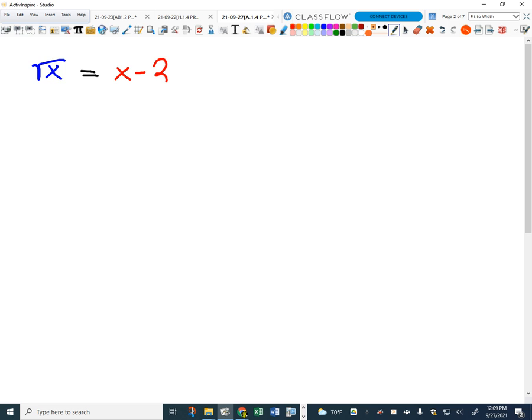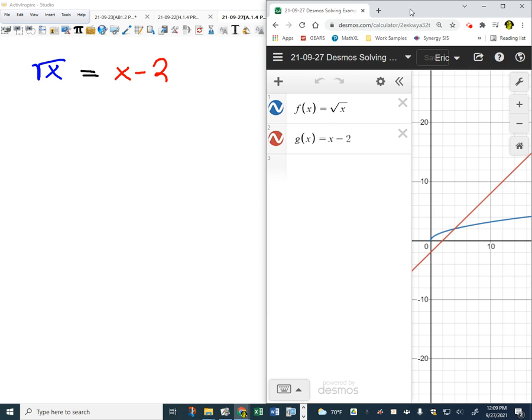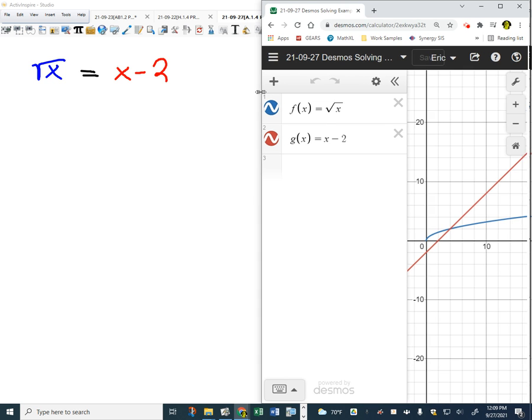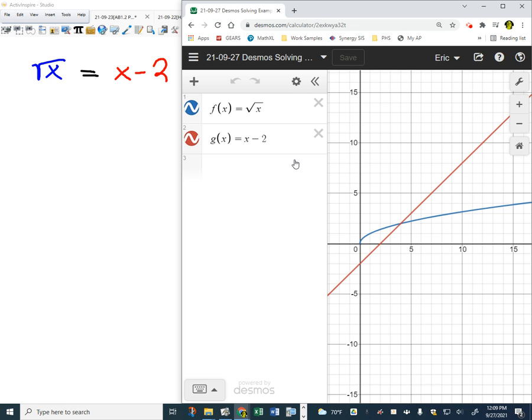Okay, all you have to do with this trick, it's a pretty tricky trick, is graph the function that's on the left side of the equation. So the function on the left of the equal sign is just the square root of x, right? So I'm just going to graph the function. I'll just call it f of x. So f of x, I could call it y if I wanted to. F of x equals the square root of x.